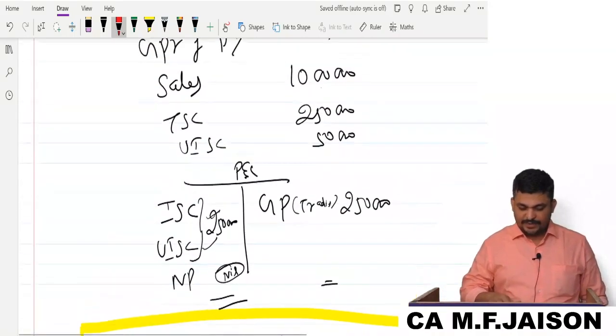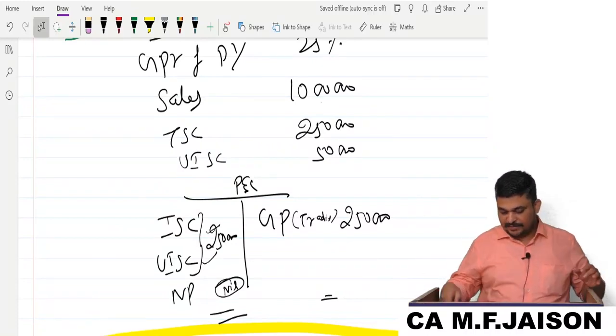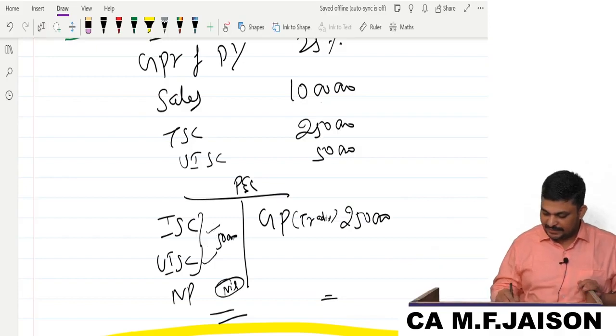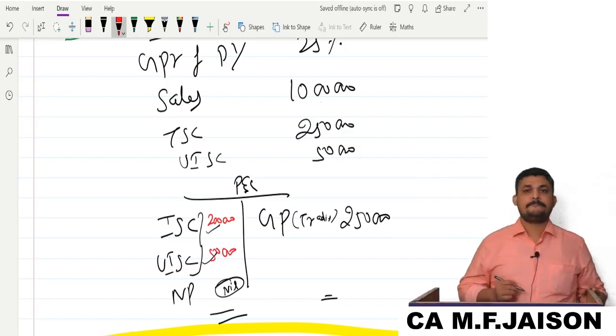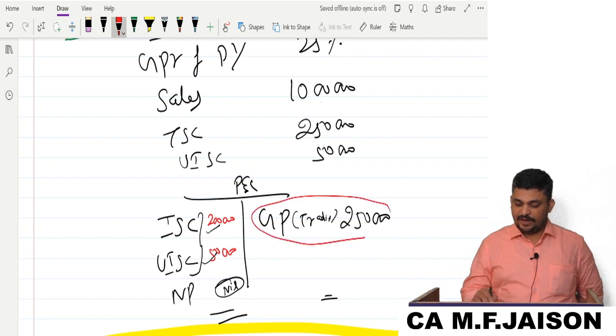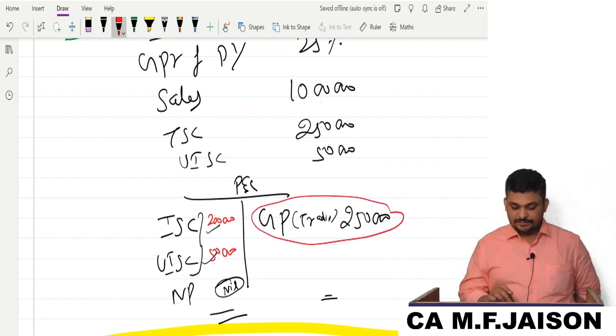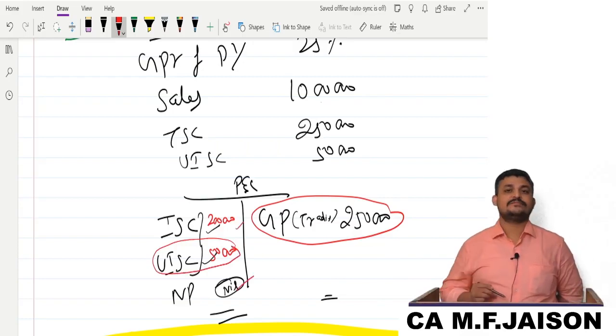Now I will tell you, my dear friends, some students will apply themselves properly like this. Suppose you have the breakup of these items, like 2 lakhs and 50,000, and thereby net profit is nil. There is an alternative presentation we can make directly. Trading gross profit minus uninsured standing charges: if you deduct that, then automatically you will get these two components.